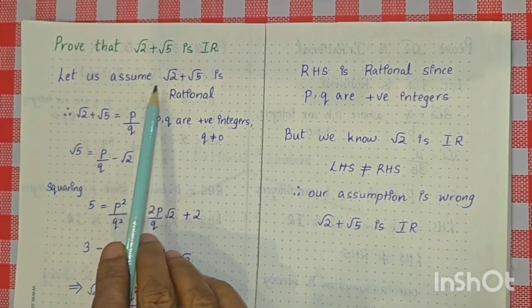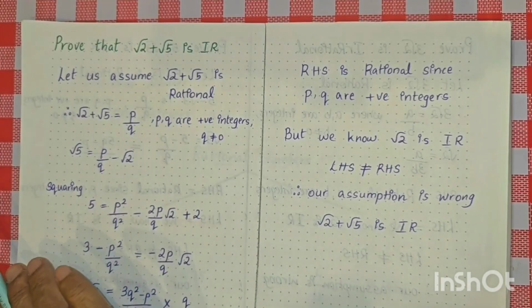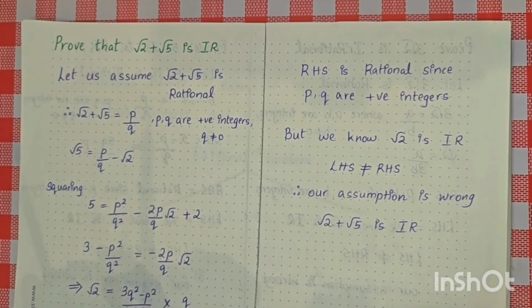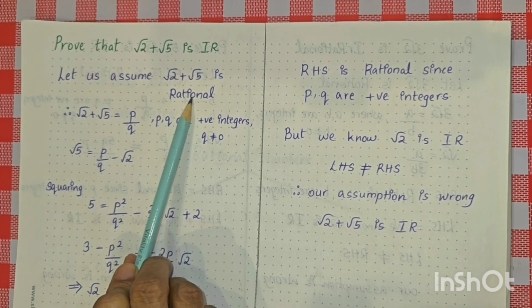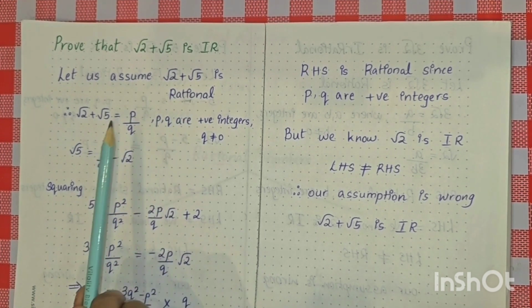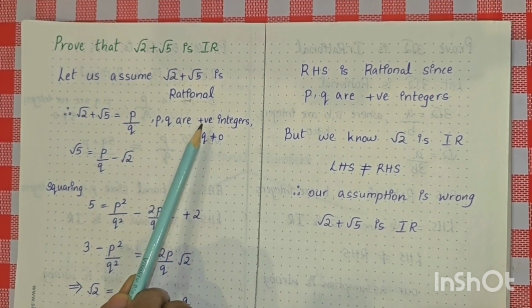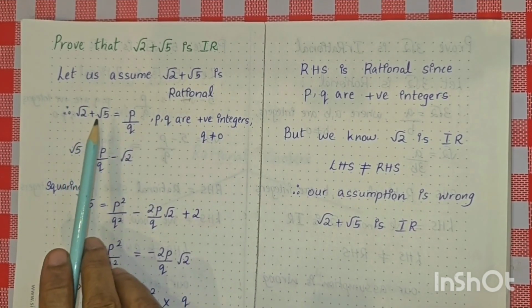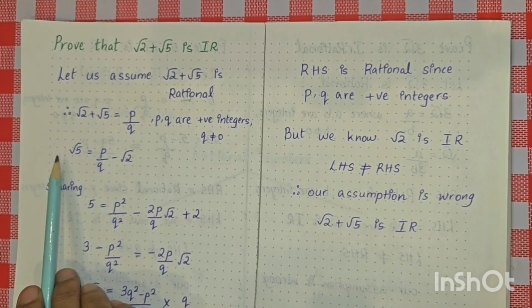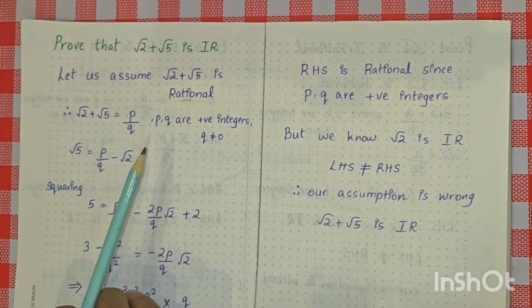For this, again the same way we did for root 2 and root 5, we will assume that it is rational. So if it is rational, it is equal to p by q, where p and q are positive integers and q not equal to 0. Now we will keep one of the roots on one side and take the other root to the other side.